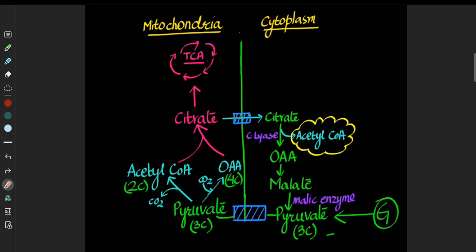And then after pyruvate is synthesized, pyruvate will go inside the mitochondria of the cell, and then pyruvate, which is a 3 carbon compound, can undergo two processes.